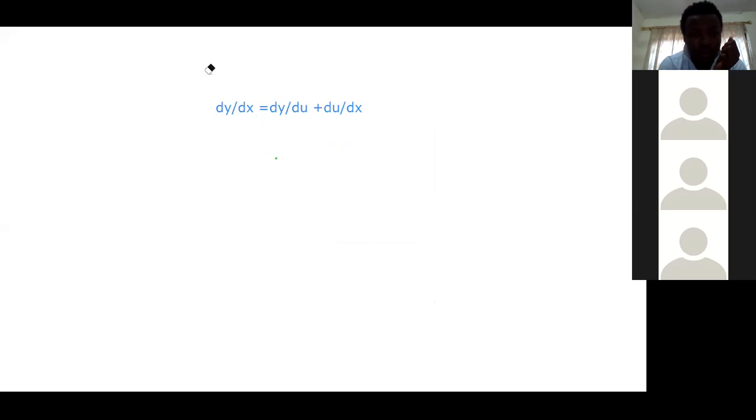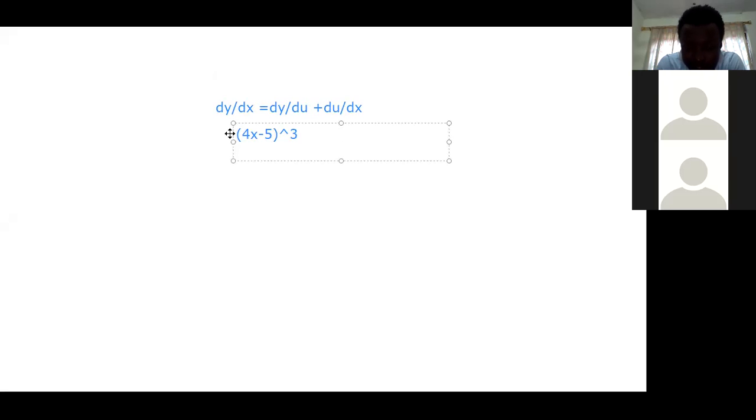So, for instance, you are given: differentiate (4x minus 5) raised to the power 3 with respect to x. So we are going to use the same procedure. What is the first thing you are going to do? You are going to assign u to the one in the bracket.